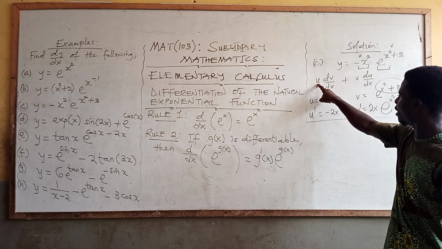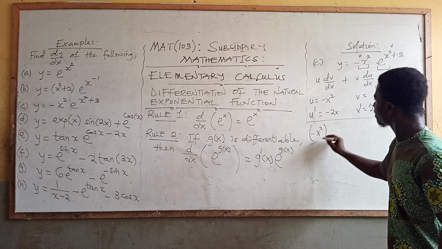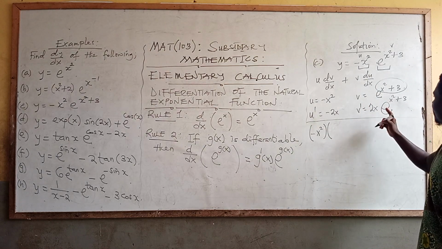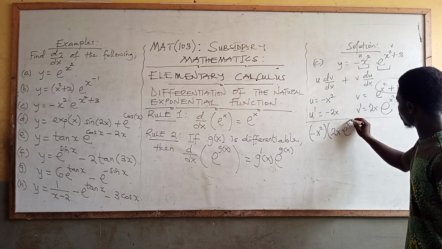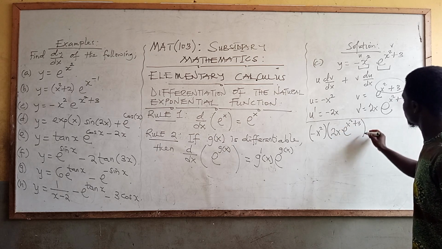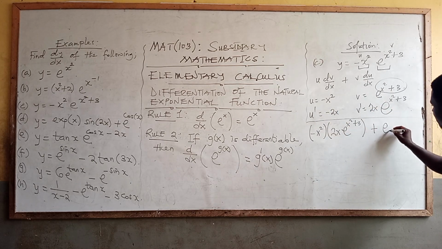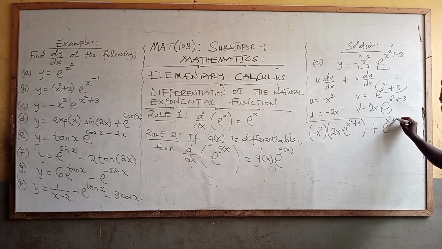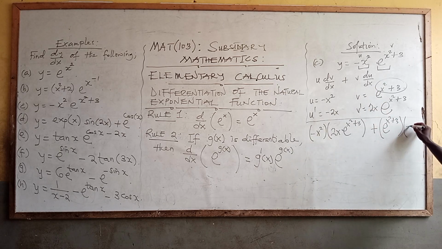So what's our formula? u, which is negative x squared, times our v prime, which is 2x e to the power x squared plus 3. Then plus, what is v? v is e to the power x squared plus 3. Then times, what is u prime? u prime is negative 2x.